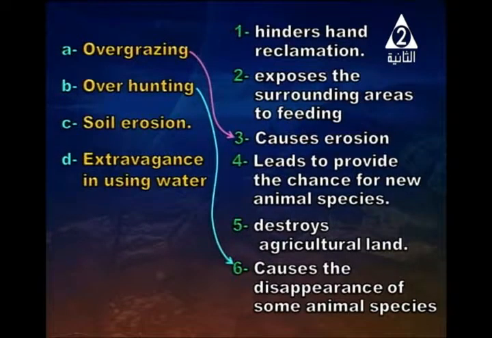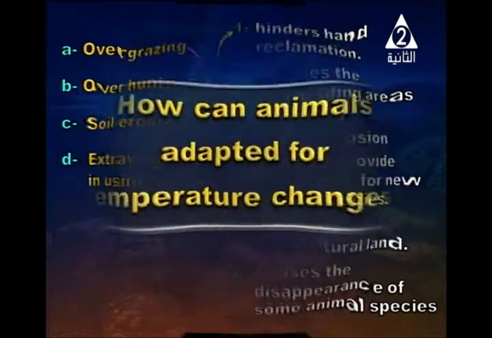Overhunting, yes, causes the disappearance of some animal species. For soil erosion, destroys agricultural land. For extravagance in using water, this hinders land reclamation. Now my dear students, let's go to the next question.